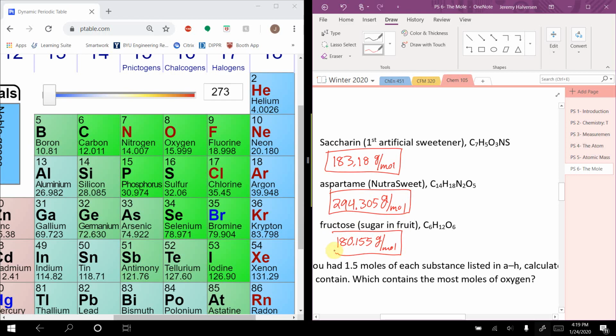And just one more reminder, because of how we define mole, when you use these numbers on the periodic table, the units could either be AMU per atom, or in this case AMU per molecule, because these are molecules, or they could be in grams per mole.